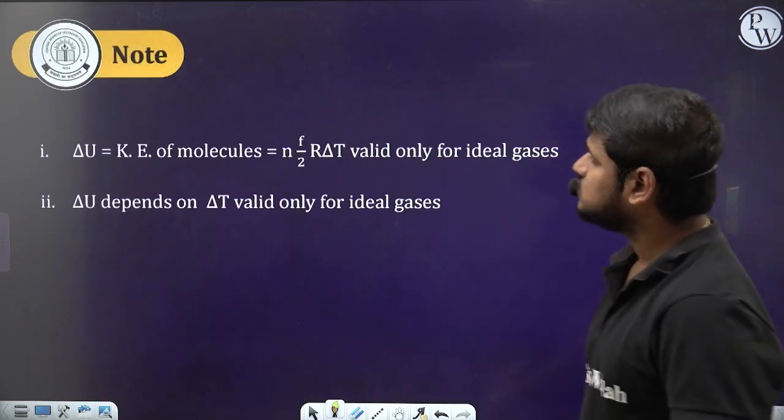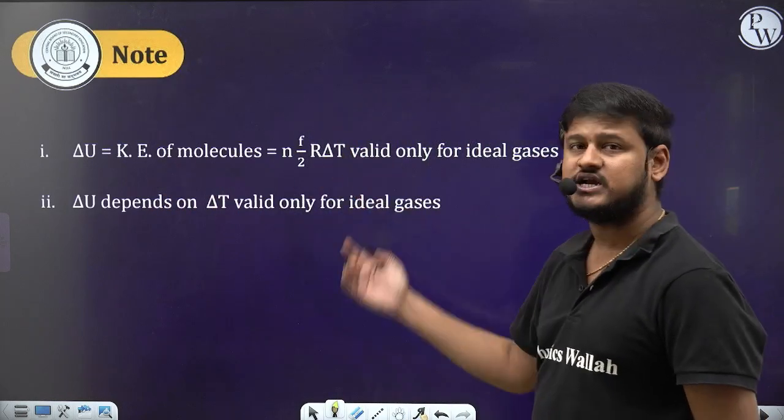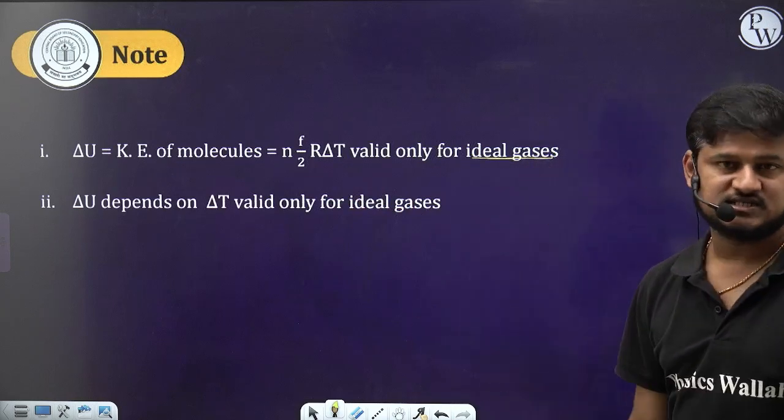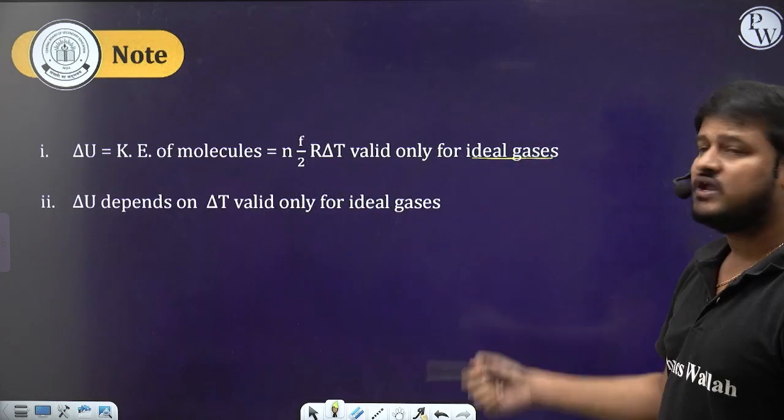So the note: delta U is equal to the kinetic energy of the molecules, which equals n into f by 2 R delta T. So valid only for ideal gases, guys. Delta U depends on delta T, so it is valid only for ideal gases.